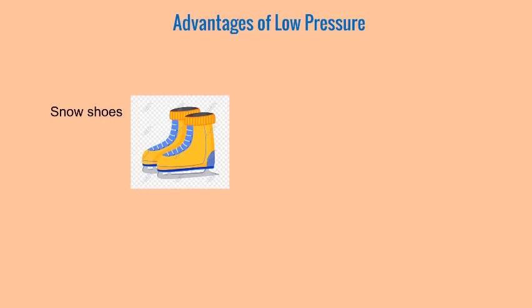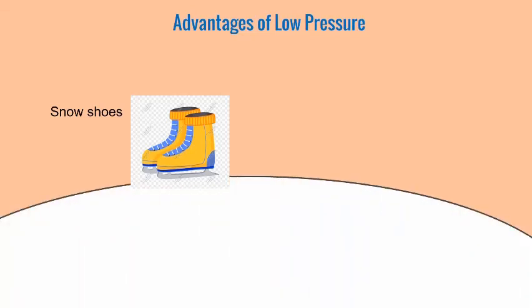We use snow shoes to work on snow. The reason for that is simple. Due to the larger area in contact with the snow, snow shoes reduce the pressure on the snow. We are able to work on it without our feet sinking deep inside.